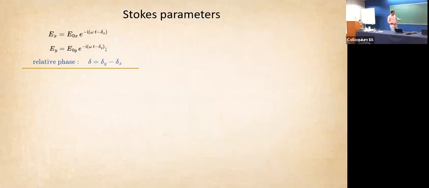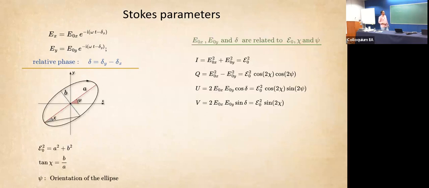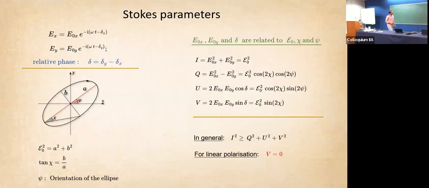Generally, any polarized light is measured through something called the Stokes parameters. Any elliptically polarized light can be decomposed into two linearly orthogonal polarized light with a relative phase between them.